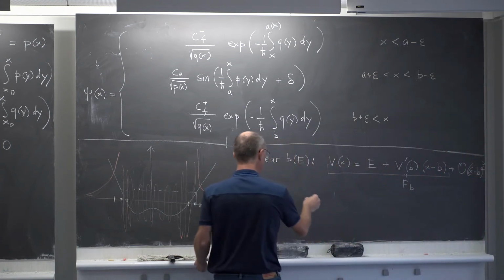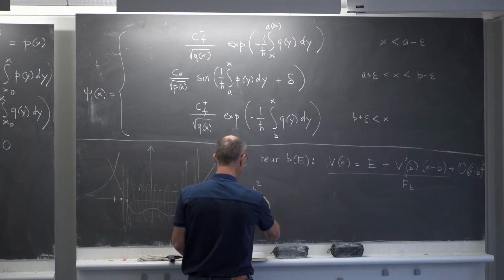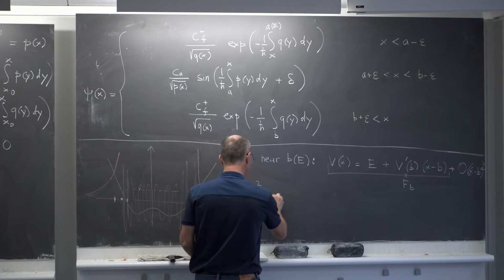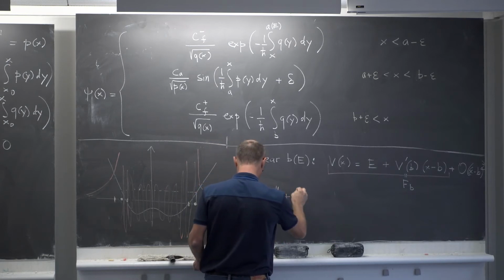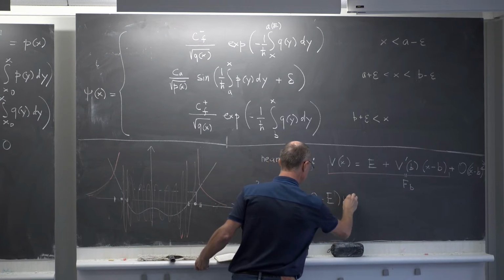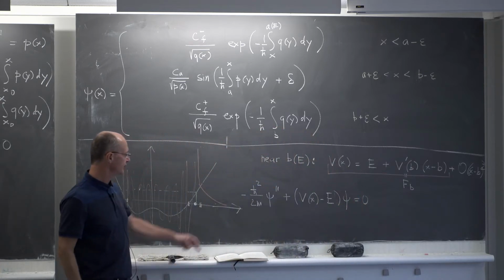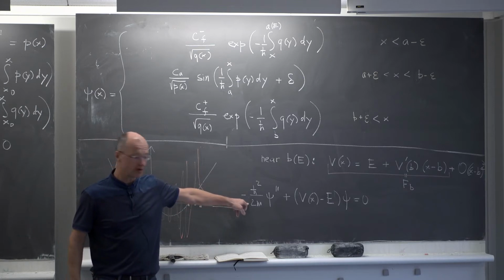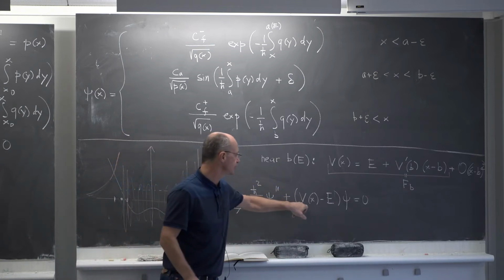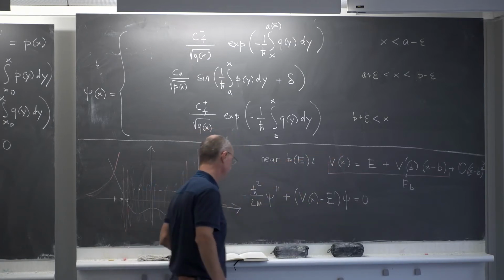So then, what will happen to our Schrödinger equation? So the Schrödinger equation says this. So now we approximate the Schrödinger equation and we replace this guy by the linear approximation, right?